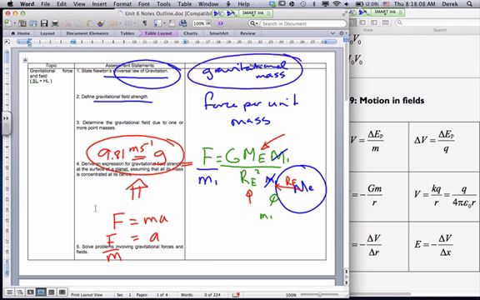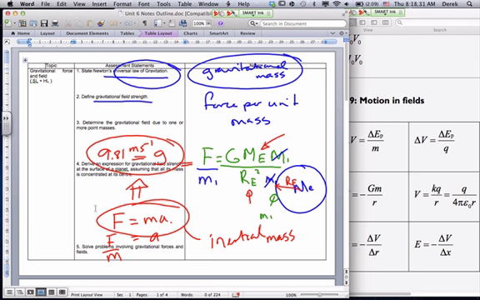We can also find the mass according to Newton's second law. This is called the inertial mass. Now, it turns out that when we calculate the mass of an object using these two methods, either Newton's second law or Newton's universal law of gravitation, it works out to be the same value.